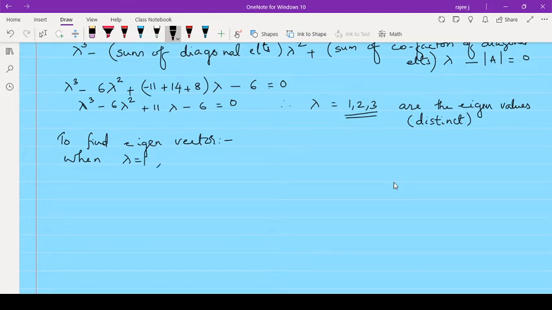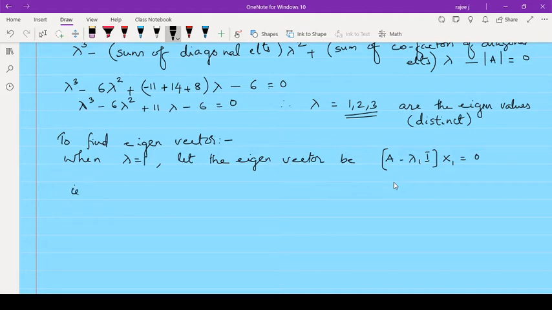So, when lambda equal to 1, let the eigen vector be, A minus lambda 1 I into x1 equal to 0, or simply take x. So, lambda equal to 1, the eigenvector is A minus lambda I into x1 equal to 0.